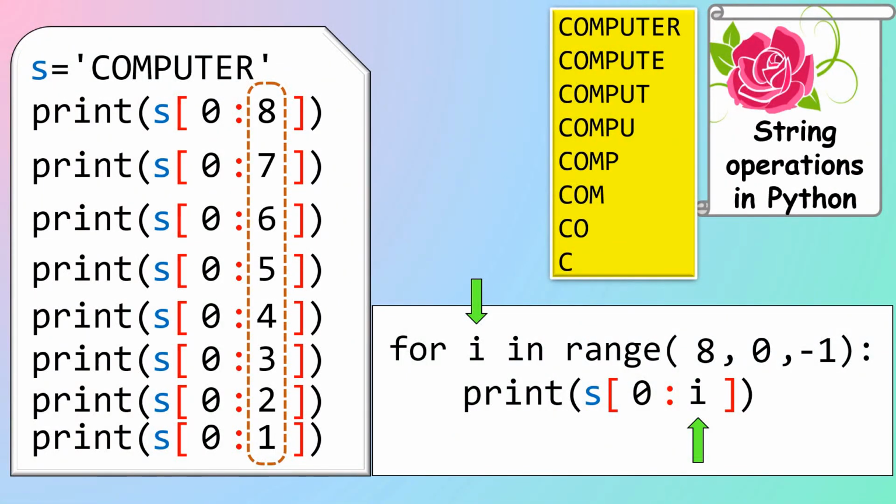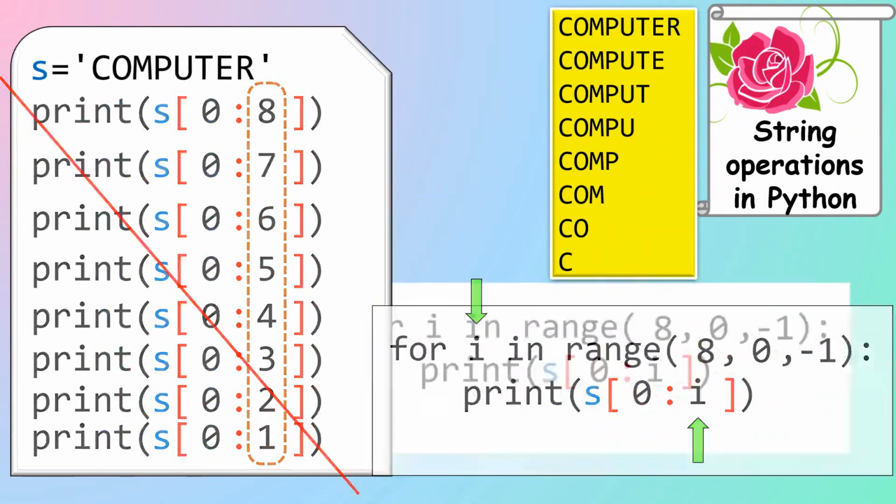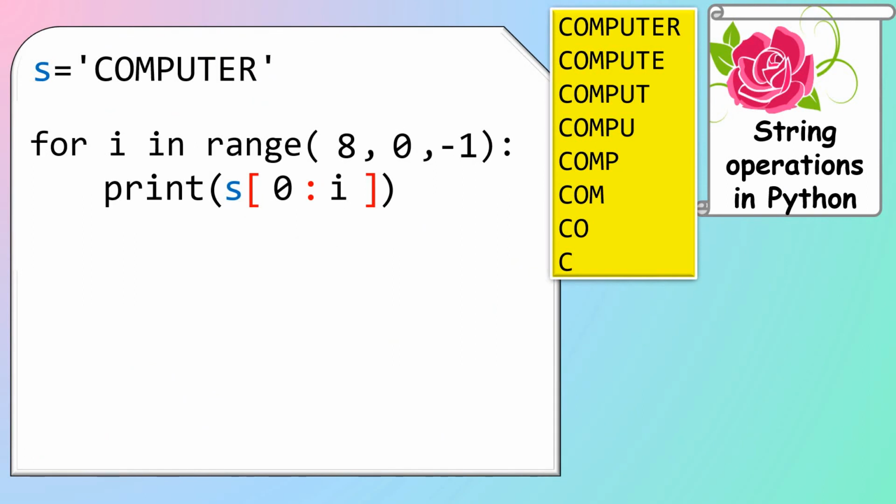So instead of all these print statements, I should write only one print statement, but it should be within a loop. Here I have taken the for loop. So this is the program to print the given string pattern.